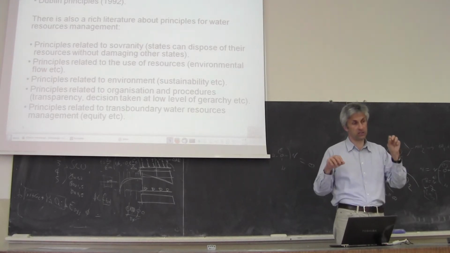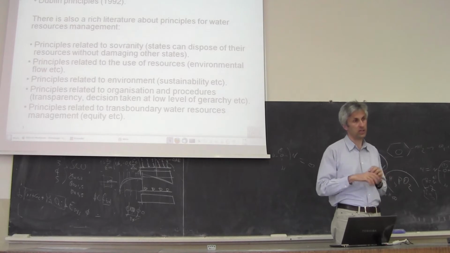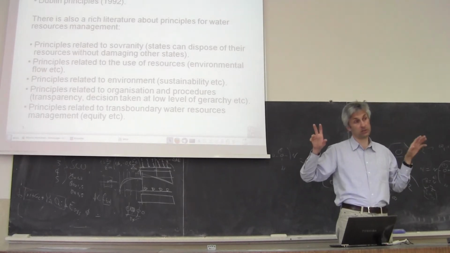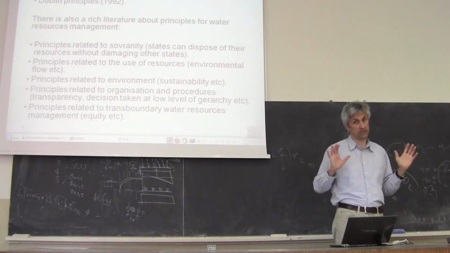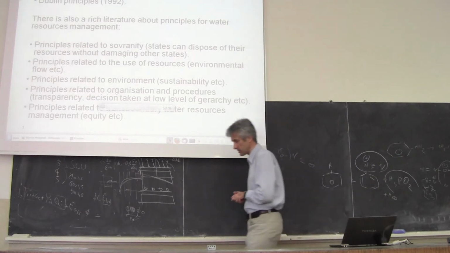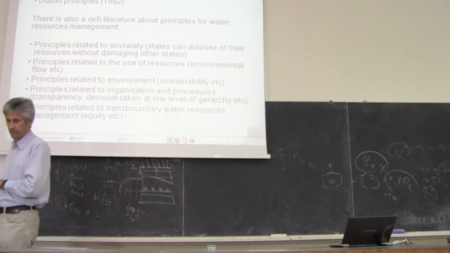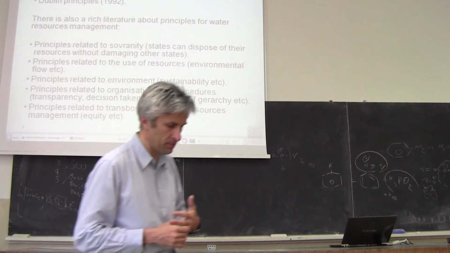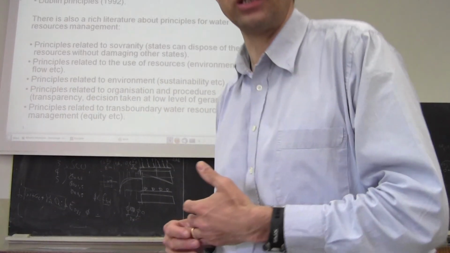Our task is to identify the best decision. How to translate these principles into mathematical constraints is probably not our task. I already mentioned to you that water resources management is interdisciplinary, and this is one example where interdisciplinarity is indeed needed.